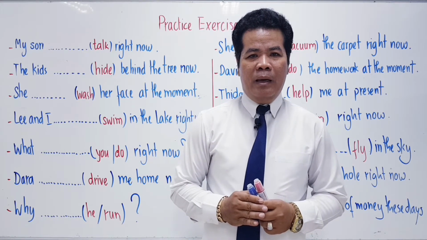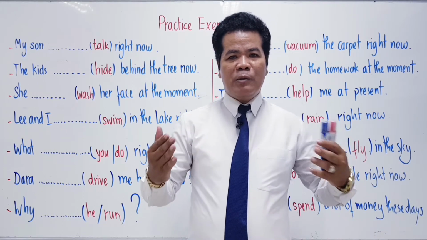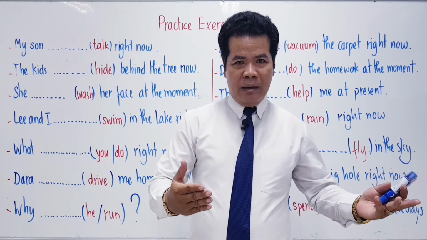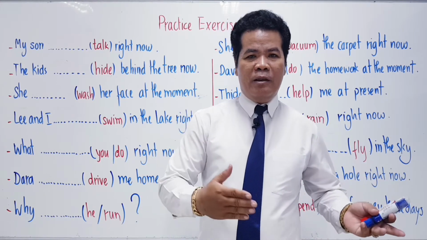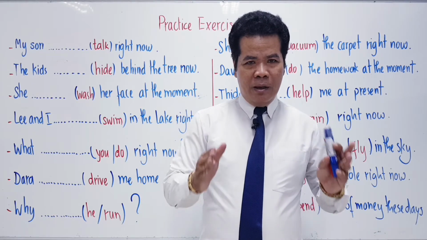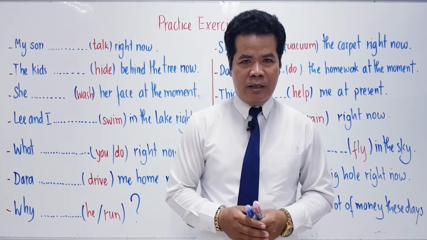Alright? And for this moment, I'm going to explain to you the present progressive exercise. And tomorrow, we are going to learn about the present progressive versus present simple. Okay? So today we focus mainly on the present progressive first.